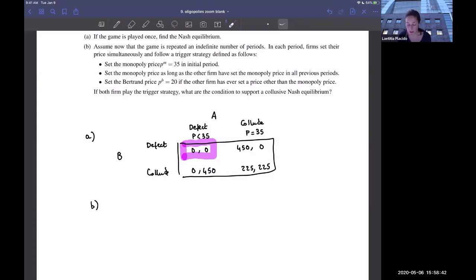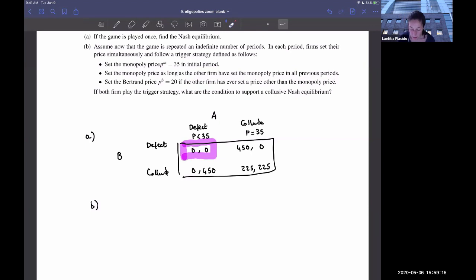The trigger strategy says: I'm going to set a price equal to the monopoly price, so I stick to the agreement in the initial period, and both firms do so. Initially they are on the monopoly equilibrium. Then I set the monopoly price as long as the other firm has set the monopoly price in all previous periods.